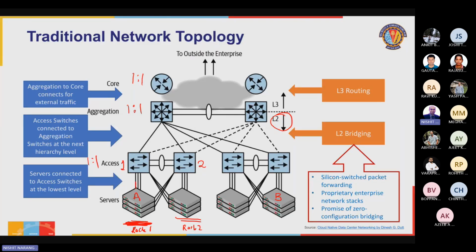Maybe the first path goes via access switch 1, aggregation switch 1, to this access switch, and then to B. Another could go via access switch 2, still aggregation switch 1, and then this. Third could go via aggregation switch 2, then access switch 1. So you will see there are multiple paths between any pair of servers in this network.